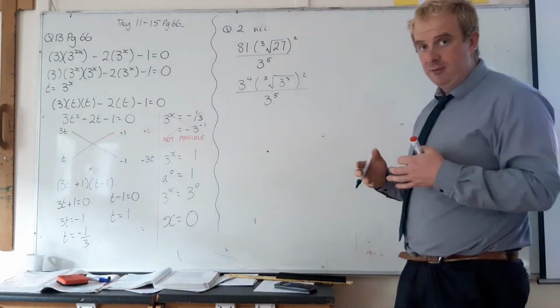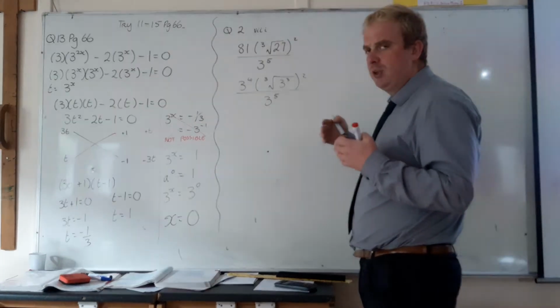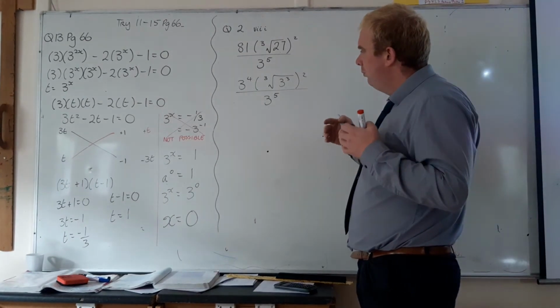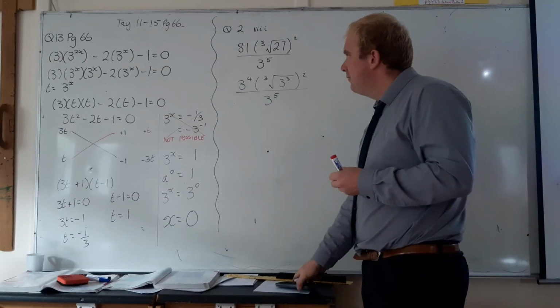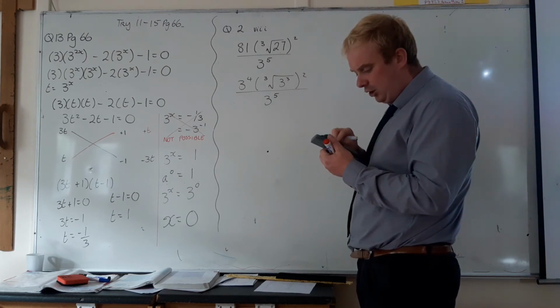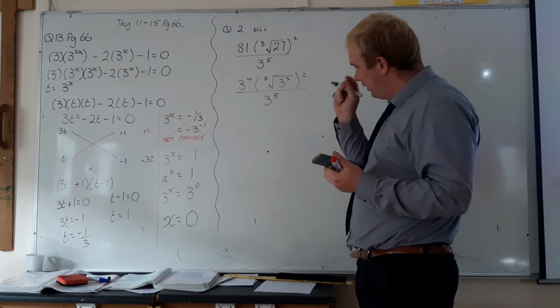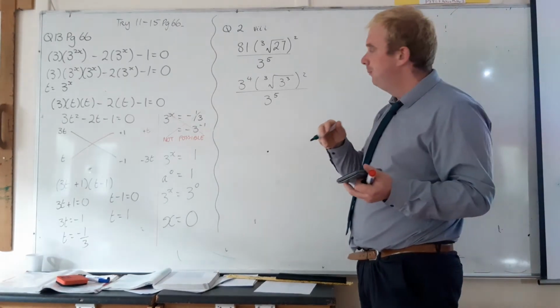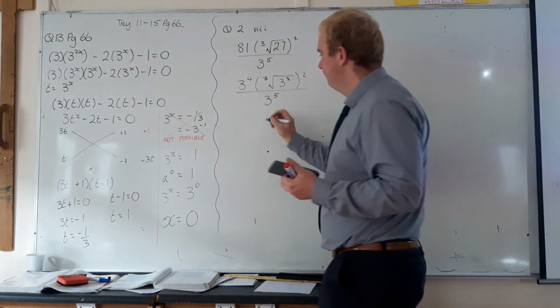Now the next objective, once we have all the base numbers the same, is to look at this square root and see is there anything we can do with that. So we have the cube root of 27, and it would be easier to get the cube root of 27 now, which is going to give me 3 to the power of 1.